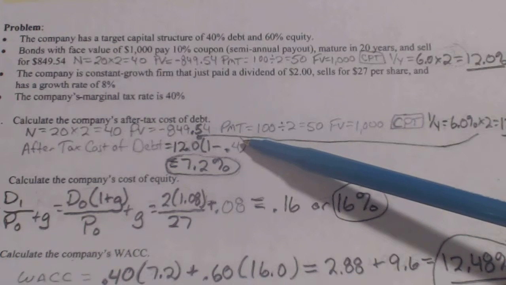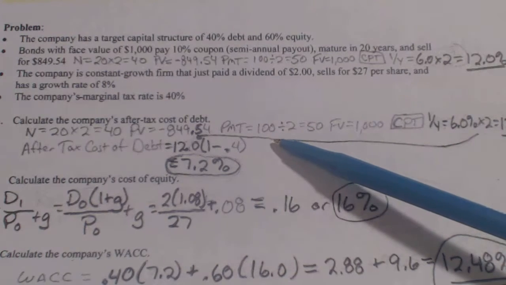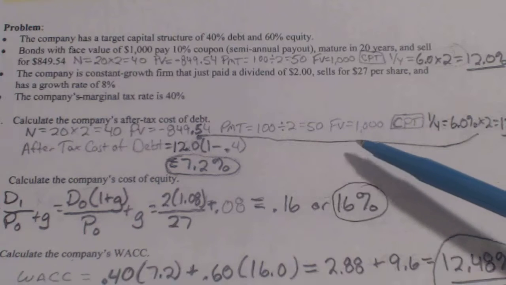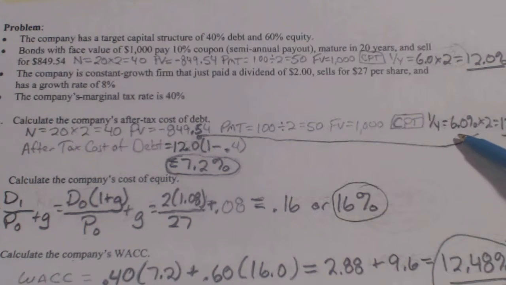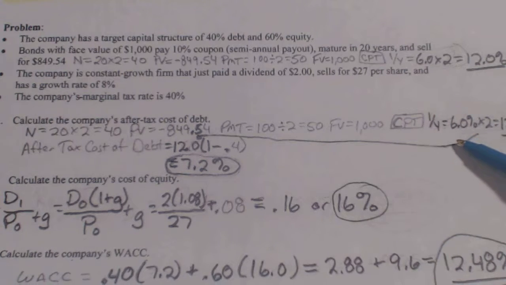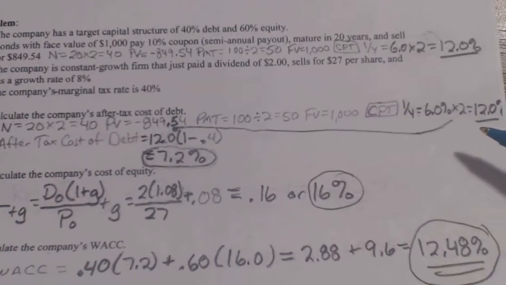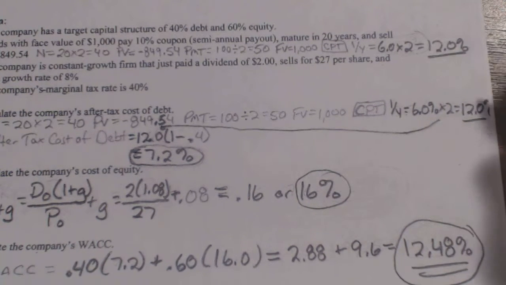Payments: they tell you it's a 10% bond, but that's $100 on 1,000 face value, and you divide it by 2 since it's semi-annual, so that's 50. We know the future value is 1,000. Compute the I/Y. That turns out to be 6%, but remember the periods we were calculating were semi-annual, so we've got to multiply that times 2. So that gives us 12%. That should be 12% right there.